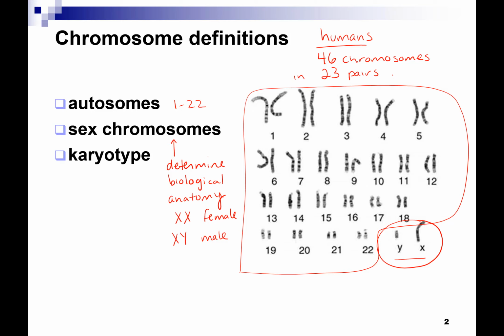And this image of your chromosomes is called your karyotype. The chromosomes are numbered in pairs from the largest to the smallest, and then the sex chromosomes are always put together, even though they don't really pair up quite the same. They're of different sizes, as you can see.